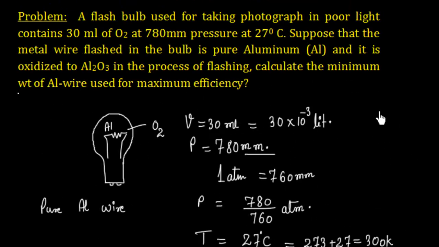Now the question says calculate the minimum weight of aluminum wire that is used for maximum efficiency. Maximum efficiency will happen when all the oxygen is used. So the corresponding weight of aluminum we have to find.